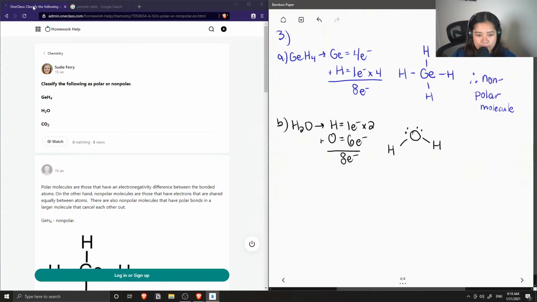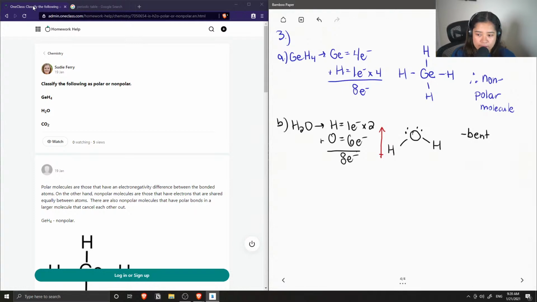So now notice that we have this bent structure. So it's not linear. And also, oxygen is more electronegative than the hydrogens. So we are going to see a dipole moment going towards the direction of oxygen. And because of its bent structure, it doesn't really cancel out.